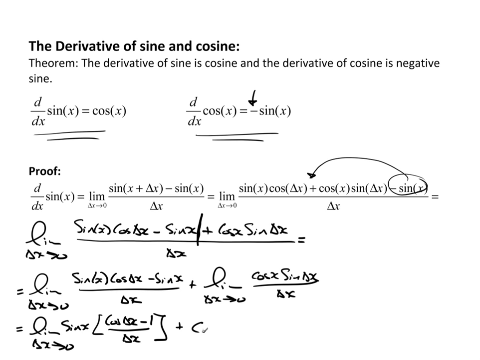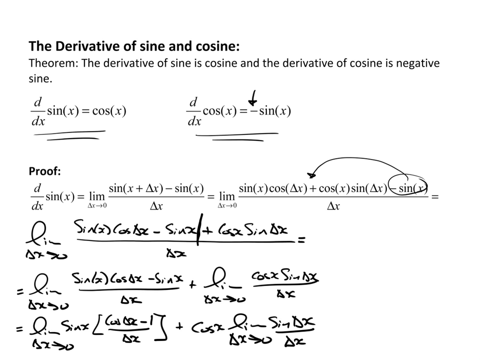So this would be cosine of x times the limit as delta x goes to 0 of sine of delta x over delta x. Oops, I skipped my delta x, small typo here. There. Now I'm going to claim that I'm actually done.